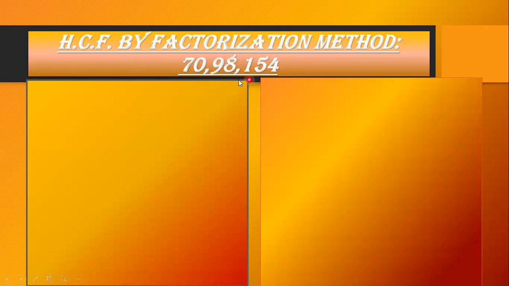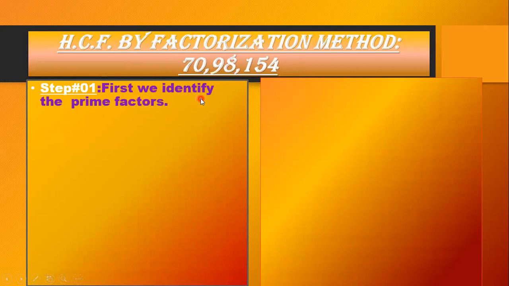HCF by factorization method of 70, 98 and 154. What should we do here? In first step, first we identify the prime factors. Do you remember what is a prime number?